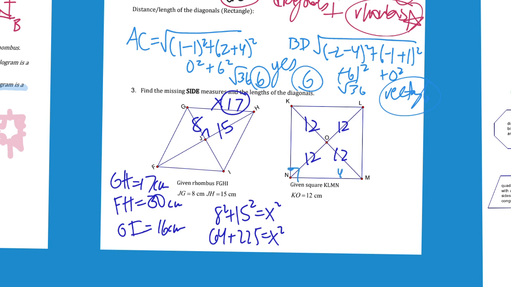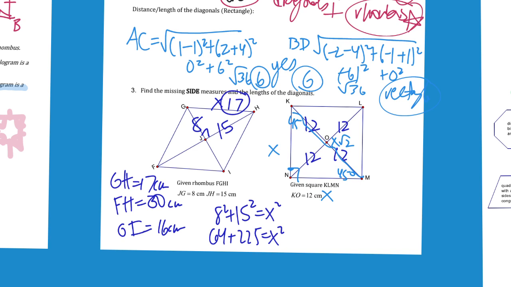That means this is 45 degrees, because remember the big angles get bisected by the diagonals. And so this is 45. So we have a 45, 45, 90, don't we? This diagonal here is 24. And so if you think about this as x, and this longer side is x root 2, pardon me.